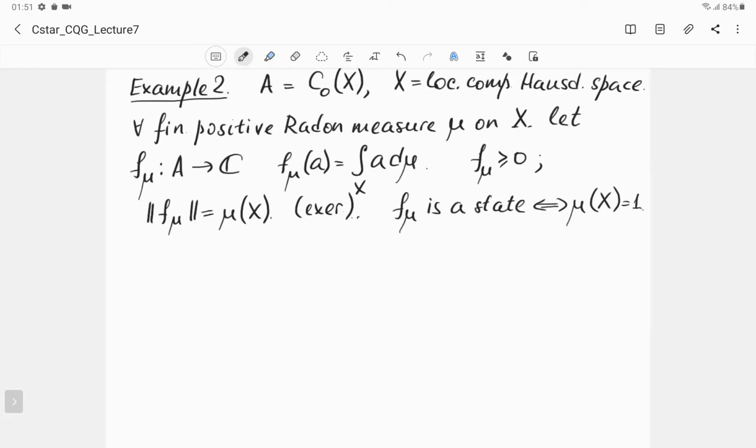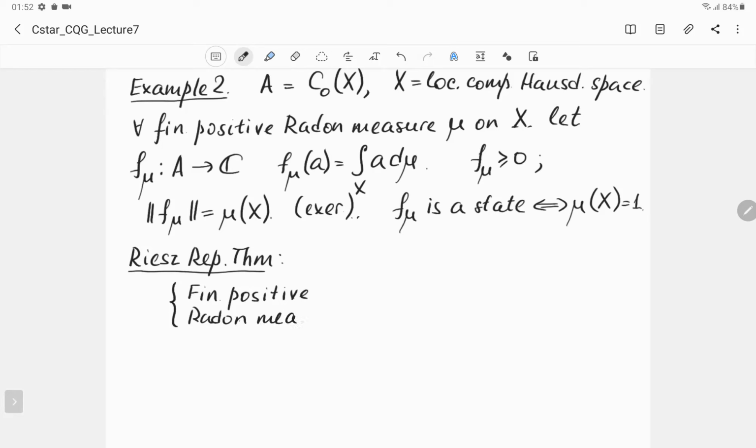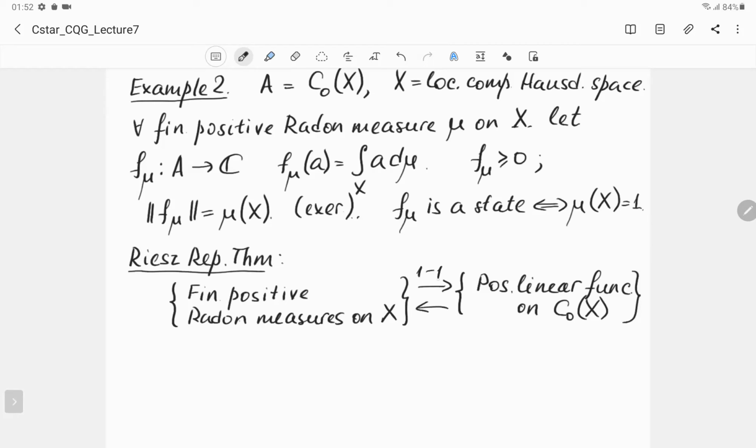This really follows from the Riesz representation theorem. This theorem implies in particular that the above correspondence is a bijection between the set of all finite positive Radon measures on X and the set of all positive linear functionals on C0 of X. So this correspondence takes each measure mu to the respective integral f mu.